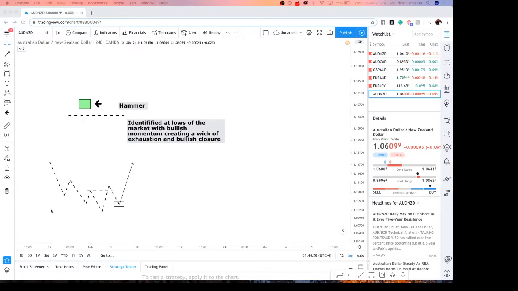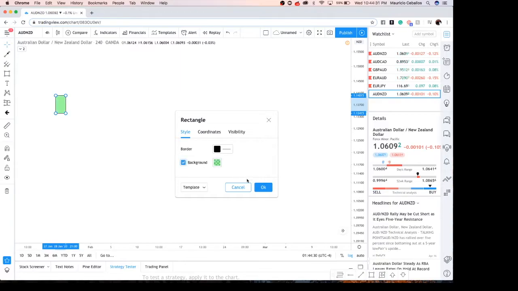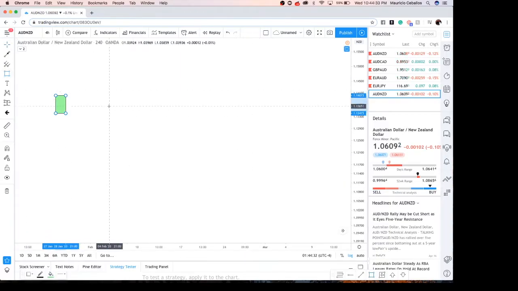Now, when it comes to the next candle, it's going to be our 3-candle variation. Now, understand that a 3-candle variation is formed by 3 candles. First candle bullish, second candle bullish, and third candle bearish.